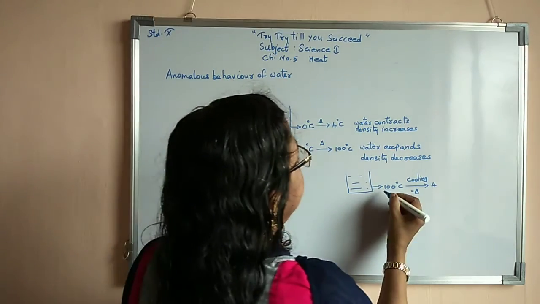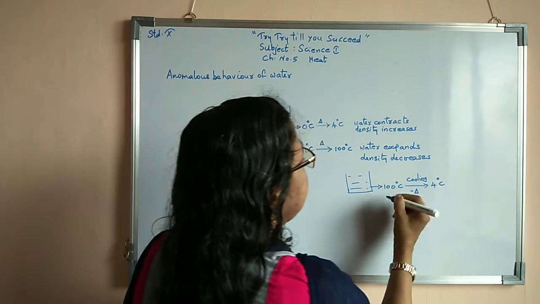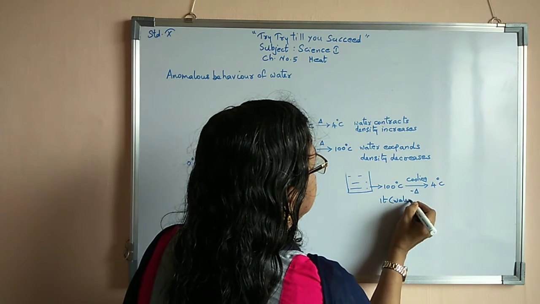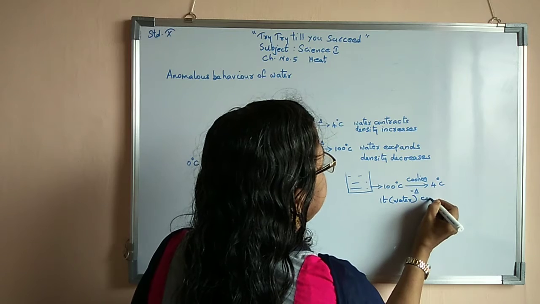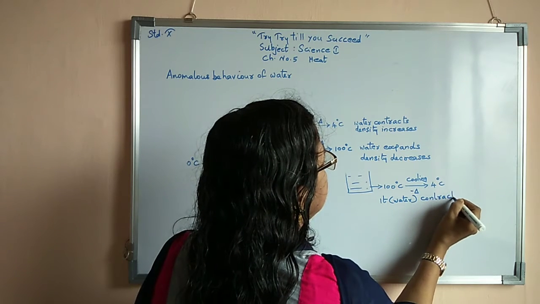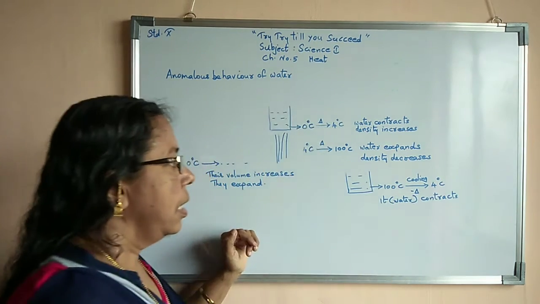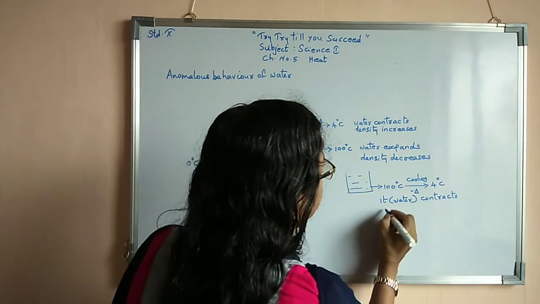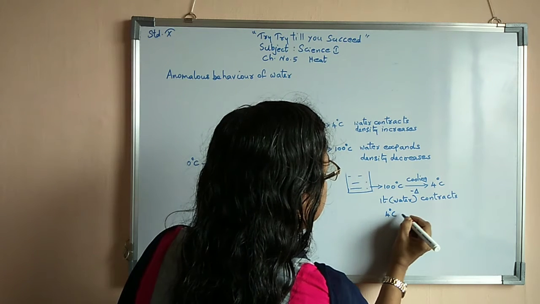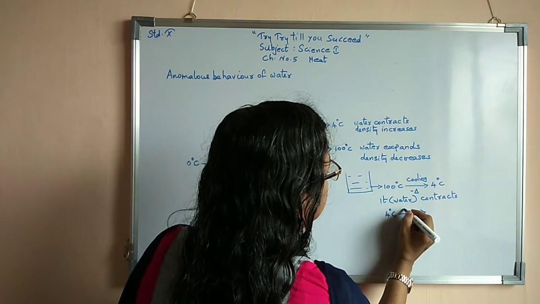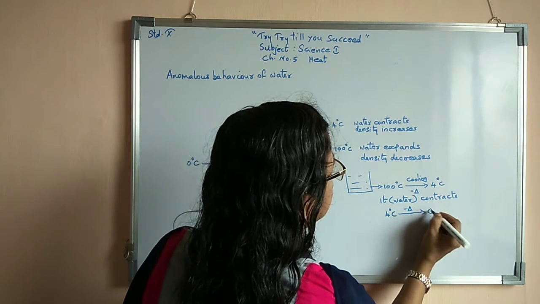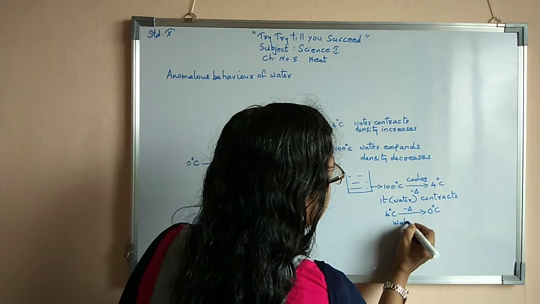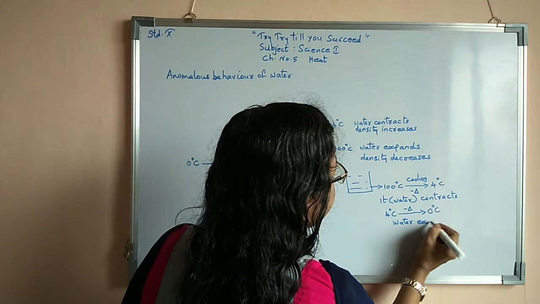So we can see that till 4 degrees Celsius, water contracts. After that, from 4 degrees to 0 degrees Celsius, when we cool it, you can find that water expands.